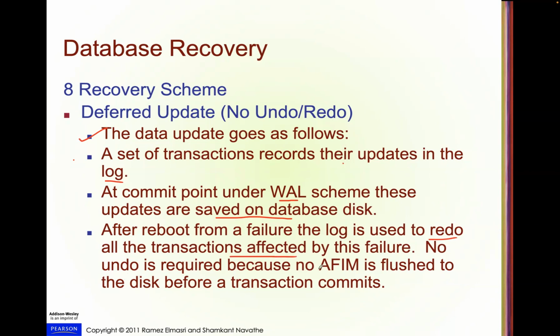Undo is not required here because we don't have any after images of the values, right? So we just redo to get the new values, and we make the database work from it. This is how the recovery scheme using the deferred update works.